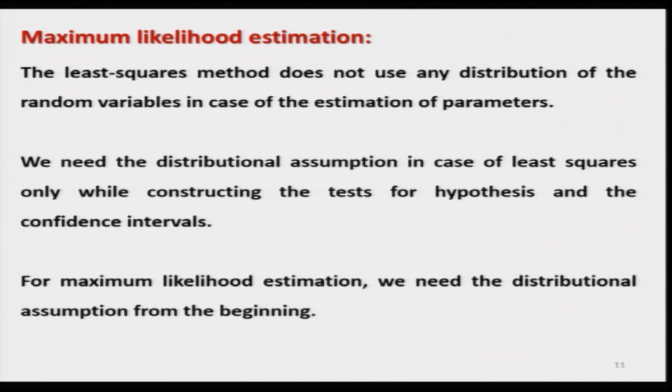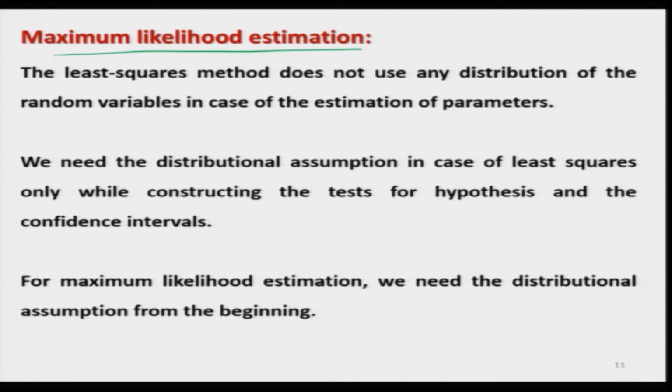The likelihood function is defined as the joint probability function of all the random variables that are involved. So, definitely you need to know the form of the probability density function or probability mass function, whatever is the case, right.